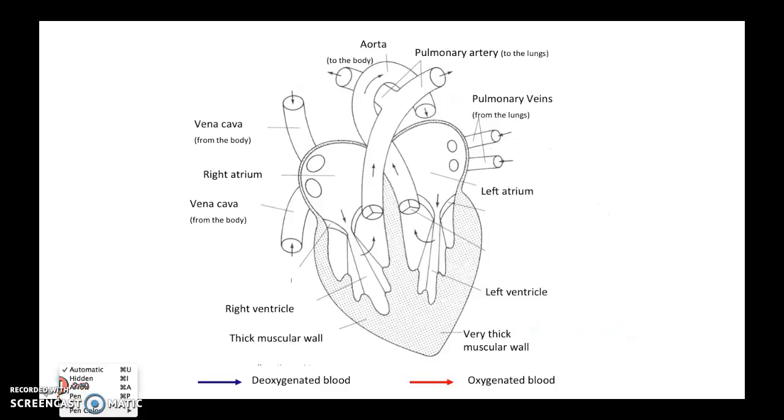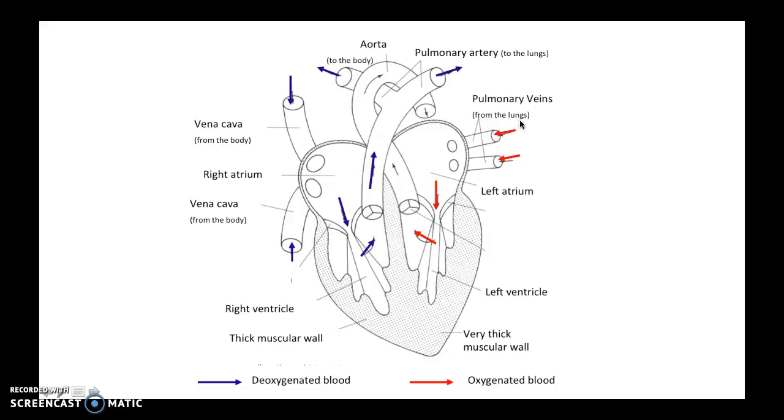So you may be wondering, what are the red and blue colors? The red is oxygen-rich blood, blood that is very high in oxygen, whereas the blue is oxygen-poor blood, or deoxygenated blood. You can see here, these are the pulmonary veins, and the blood comes from the lungs.